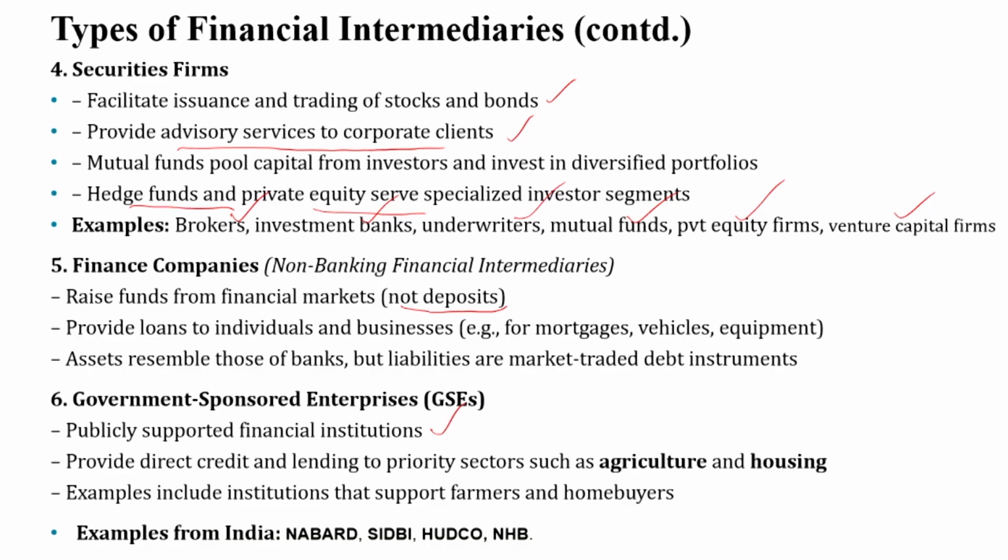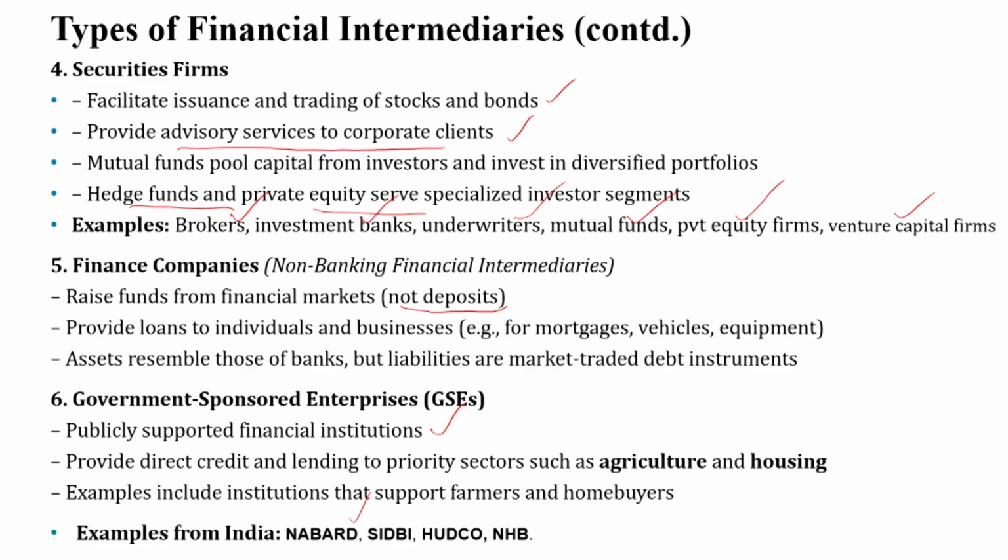I have listed out some examples from India. For example, NABARD, the National Bank for Agriculture and Rural Development, provides credit and financial support for agriculture and rural infrastructure.